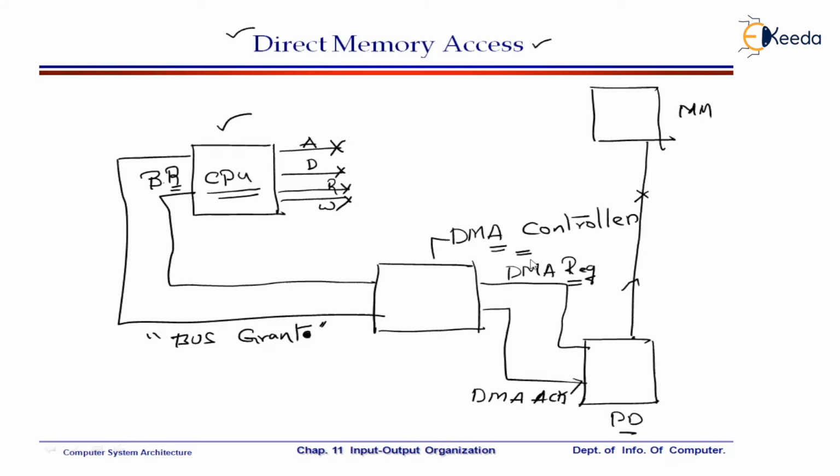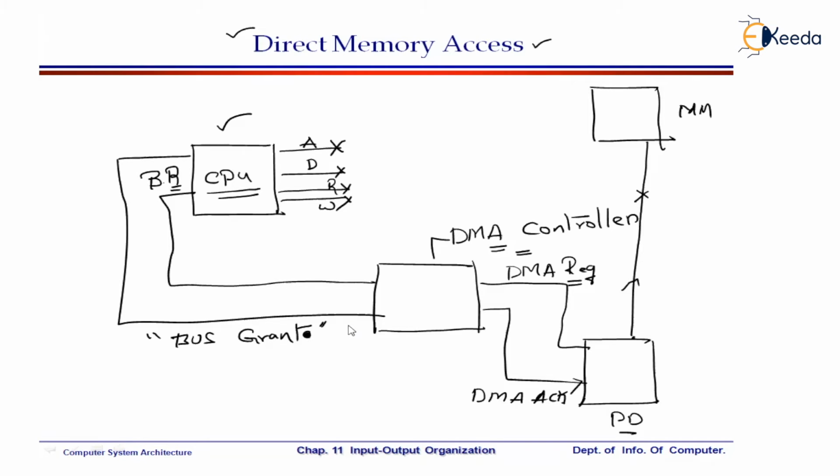The moment the DMA controller receives a DMA request, it sends a bus request to the CPU. It asks, Mr. CPU, please release the buses for a while because one of the peripheral devices wants to make a transfer. The moment the CPU receives this bus request, it puts the buses in the tri-state and sends something called bus grant.